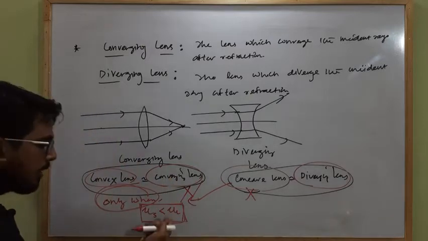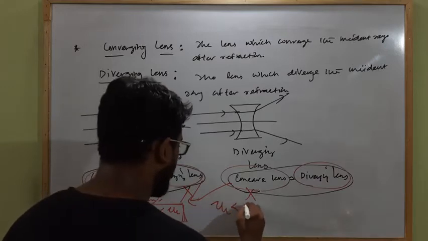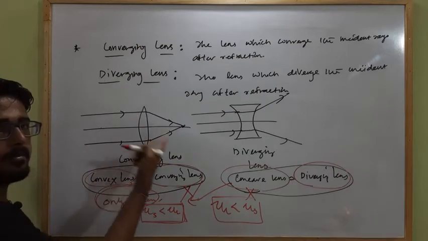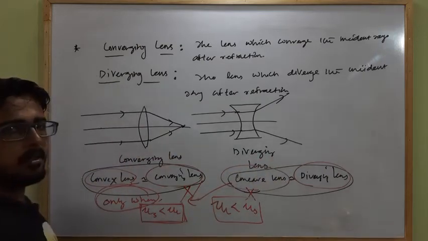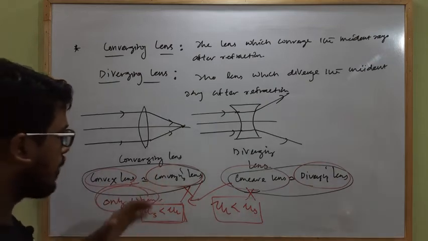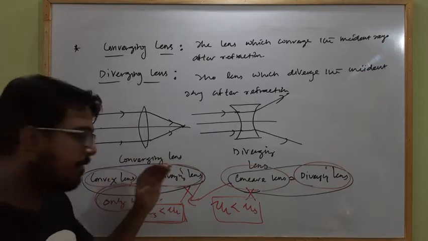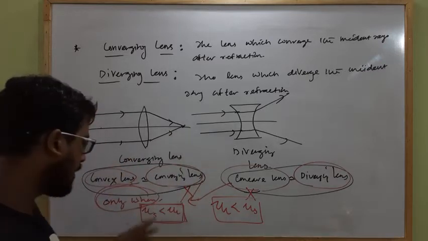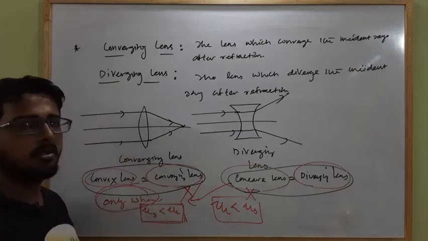Clear? But when it's interchanged, that means the refractive index of the lens medium is less than the refractive index of the surrounding medium, a convex lens can behave as a diverging lens and a concave lens can behave as a converging lens. Clear? So you have to remember this. A convex lens and a concave lens can behave as a converging lens and diverging lens respectively only when the refractive index of the surrounding medium is less than that of the lens medium.